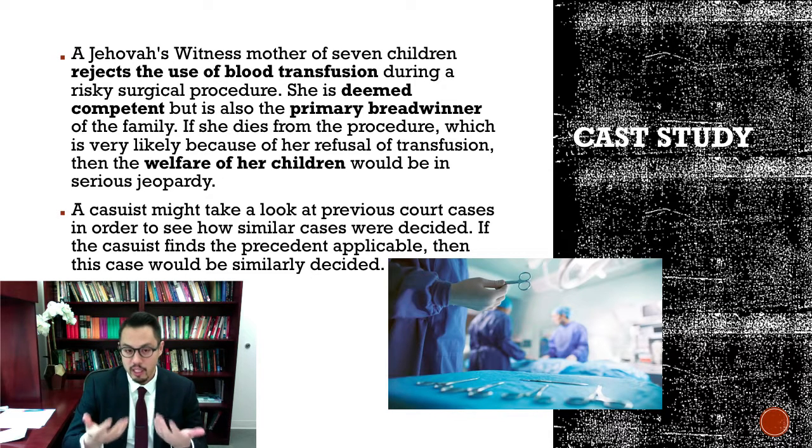Now, the mother is deemed competent by the people who are involved, but she's also, however, the primary breadwinner of the family. So if she were to die from this surgical procedure, which is very likely should we let her refuse blood transfusion, then the welfare of her 7 children would be in serious jeopardy.